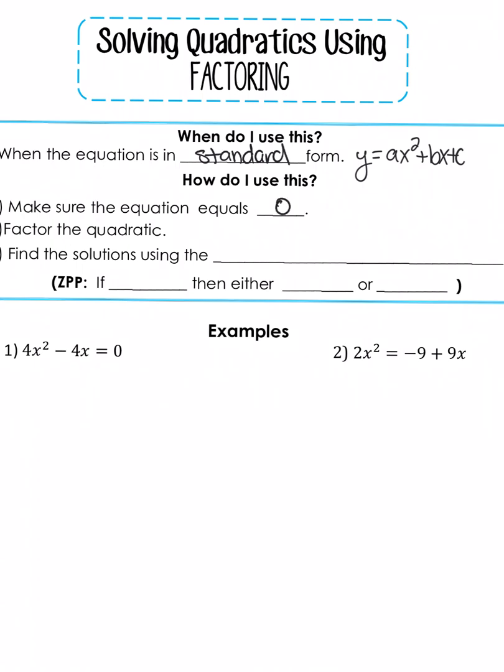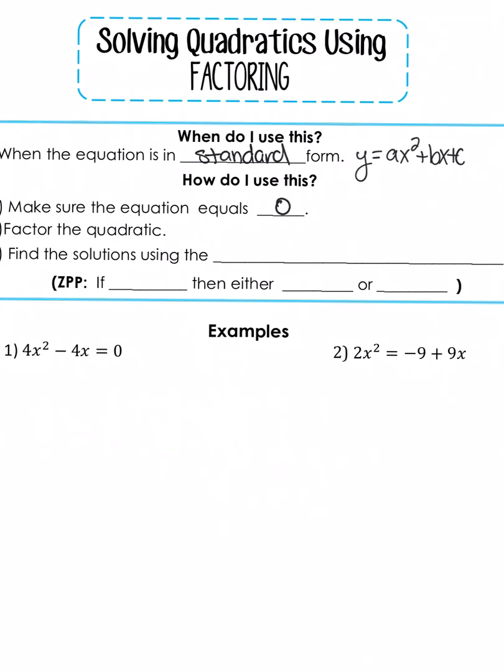So whenever I have a quadratic equation that I'm trying to solve by factoring, I need to make sure that it's equal to 0. Once we have our equation equal to 0, we factor it using the methods that we've learned before. So our factoring trinomials methods, factoring by greatest common factor. You'll see some of the shortcut methods that we learned.